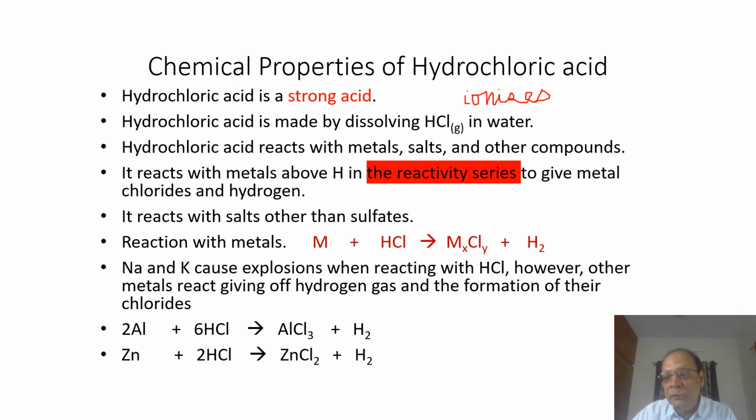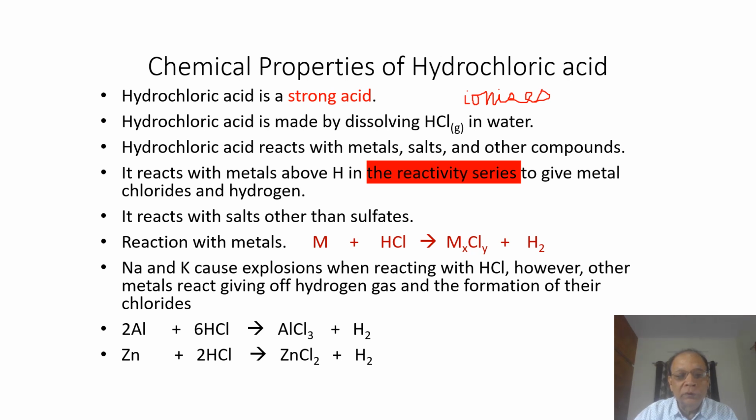They even explode in water, which is a neutral compound, whereas HCl, which is highly reactive, may cause a bigger explosion. So to avoid explosions, we never react sodium metal or potassium metal with hydrochloric acid. Their chlorides are made in some other ways, in an indirect manner.